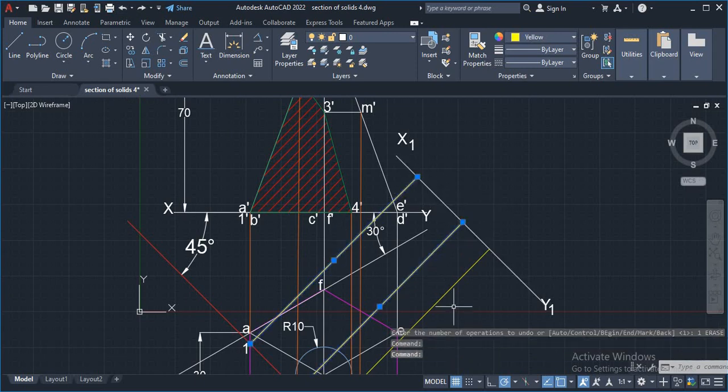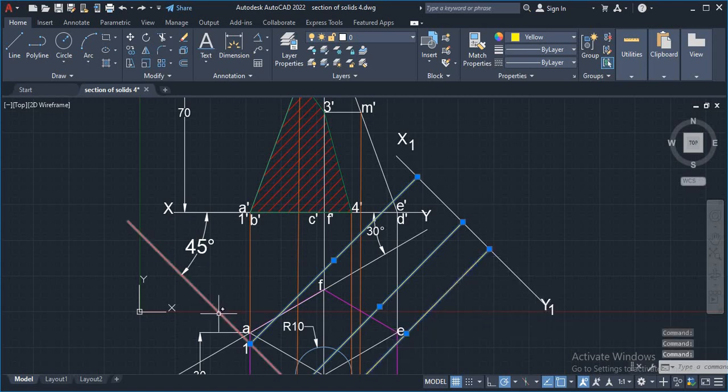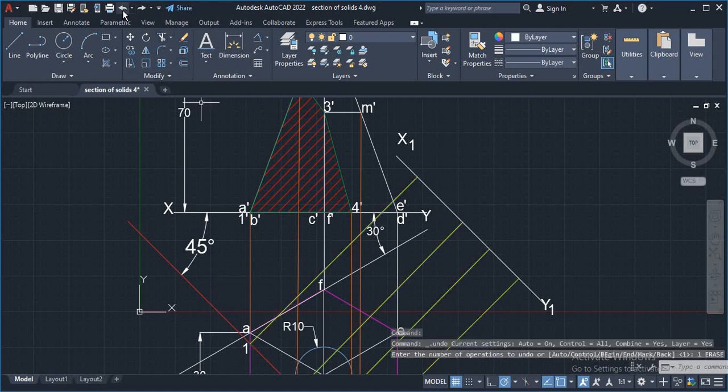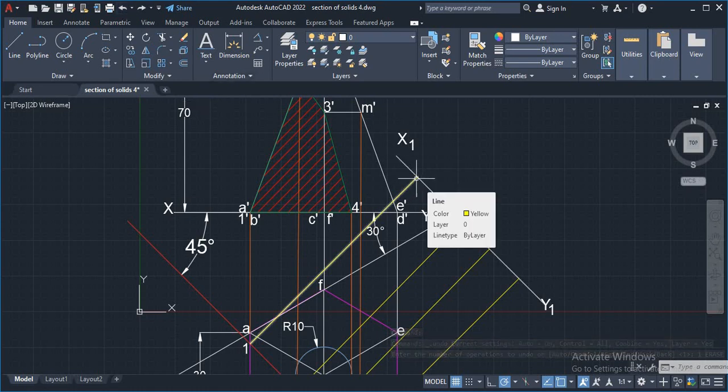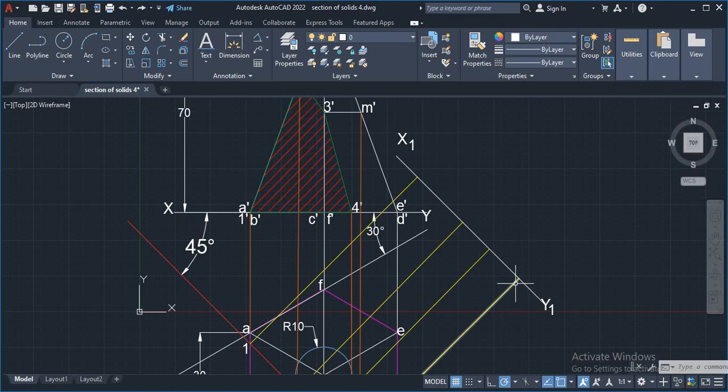This projection line should be 90 degree to the X1 Y1 line, and also 90 degree to the cutting plane. After drawing this line, you can mark this point as 1 1 and this point as 4 1.